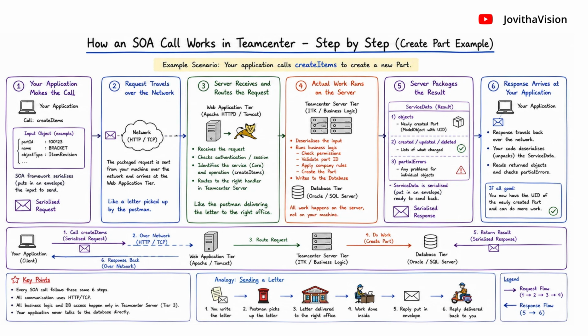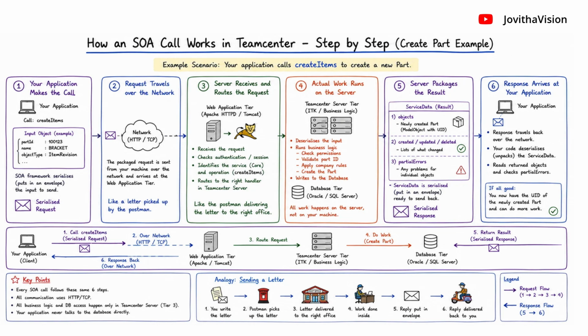Step number 5. The server packages the result. Once the work is done, the server collects everything into a service data object. The newly created part goes in. If anything went wrong for any individual object, that error information goes into the partial errors section. The service data is then serialized, packed into an envelope, ready to send back. Step 6. The response arrives at your application.